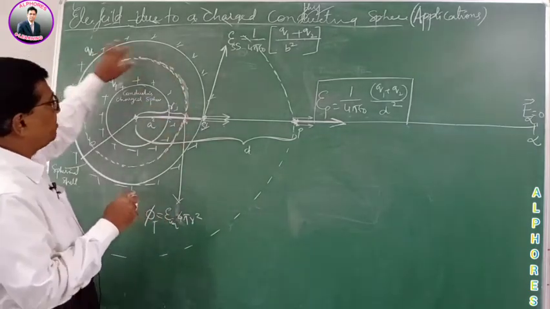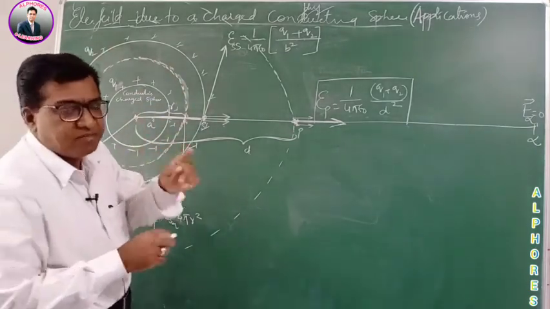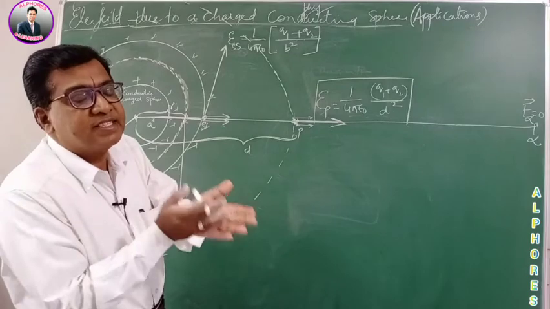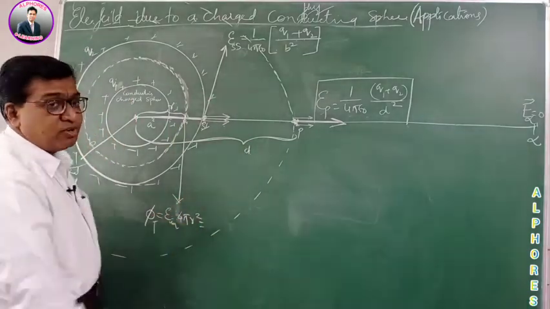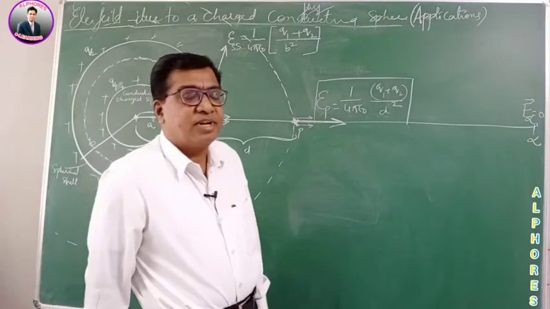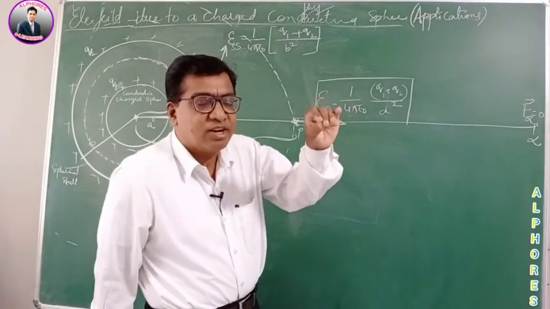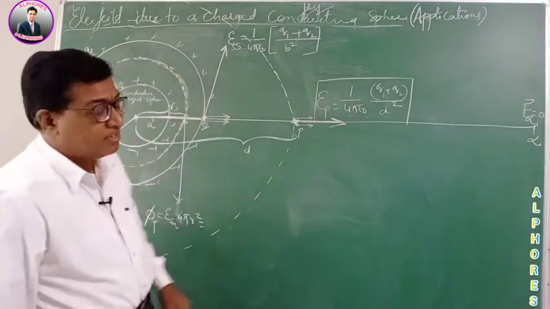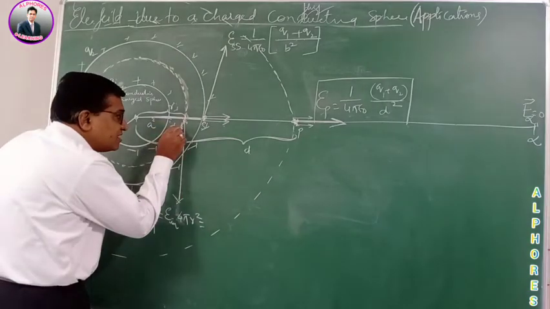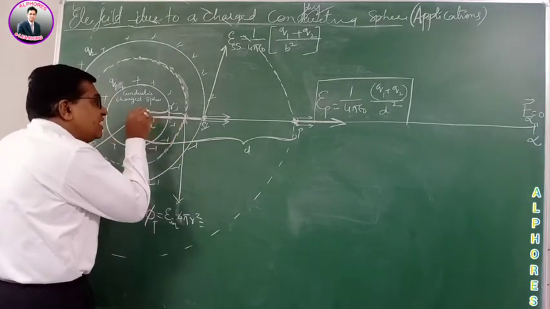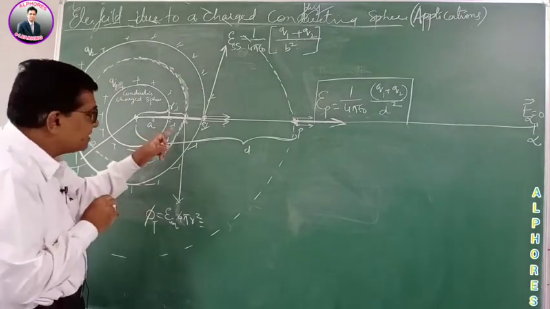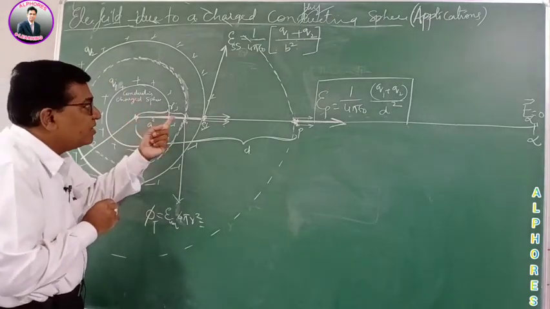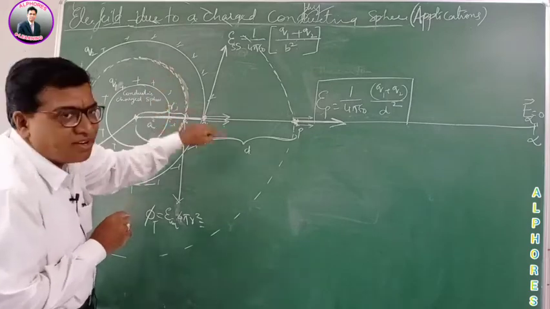On the sphere, at all points the electric field is the same, so it is E into ds, where the surface area is 4 pi r square. According to Gauss law, the total flux is the charge enclosed by epsilon naught. For this Gaussian surface, the charge enclosed inside is only Q1. The spherical shell is outside the Gaussian surface.